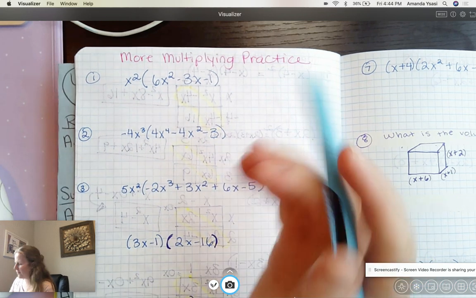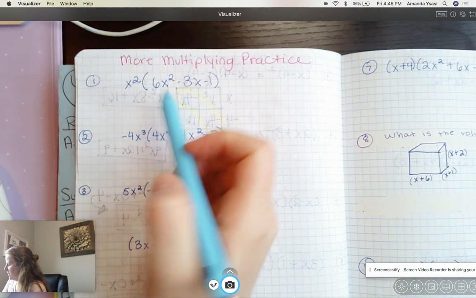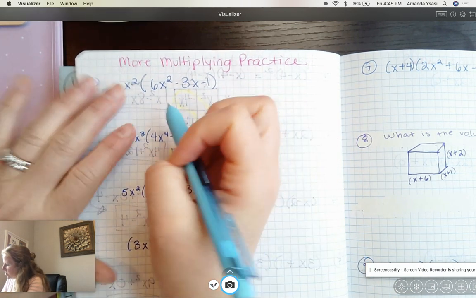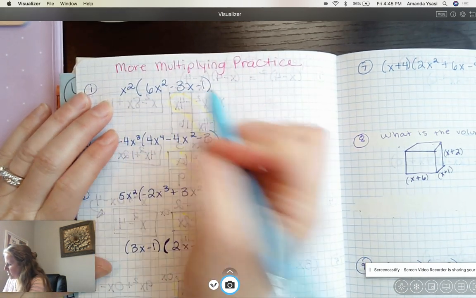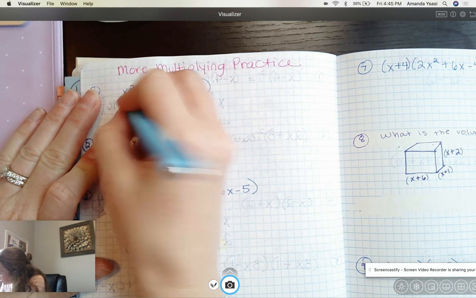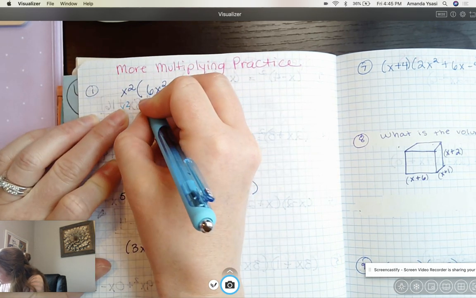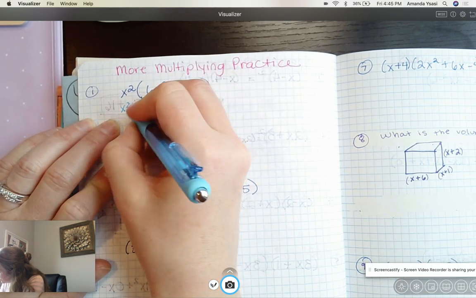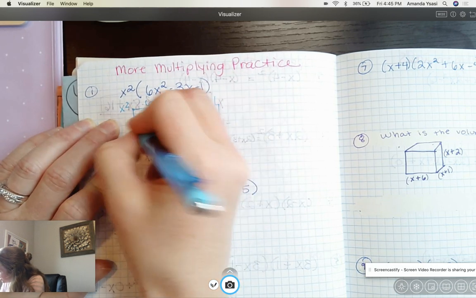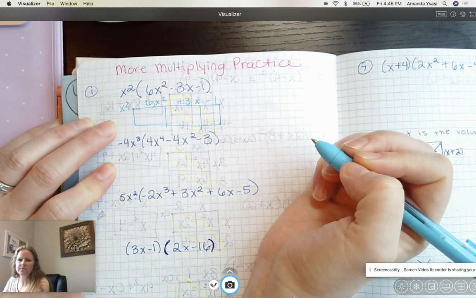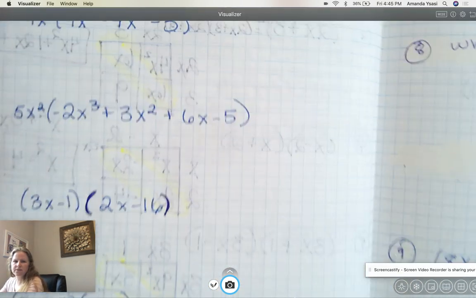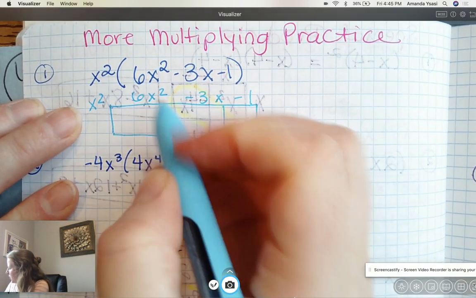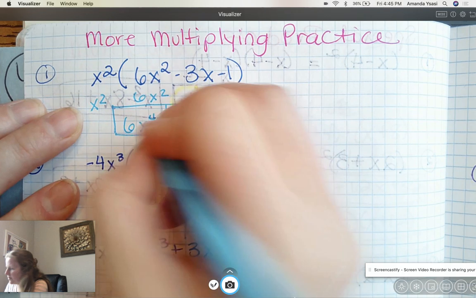All right, so the first one, we have x squared times 6x squared minus 3x minus 1. So we are just multiplying this x squared times every term in here. Okay, so x squared times 6x squared would be 6x to the 4.